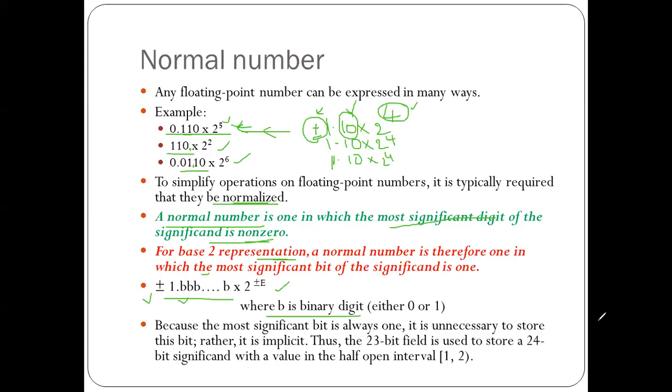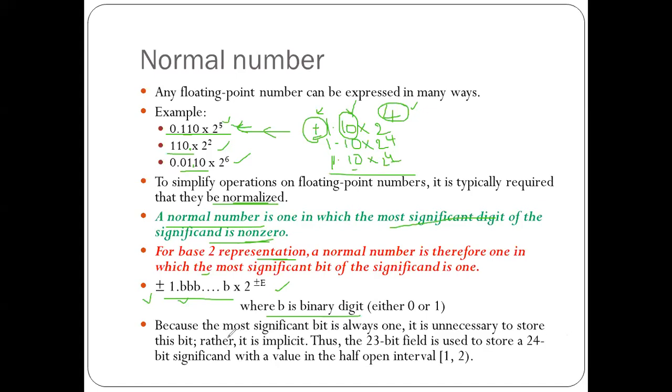Right. This is what we call normalization of the number. So any number that we want to represent in 32-bit floating point format first has to be converted into binary, normalized, and then you get the significand values, exponent values, and your biased exponent value, and store it into your 32-bit number. Okay.